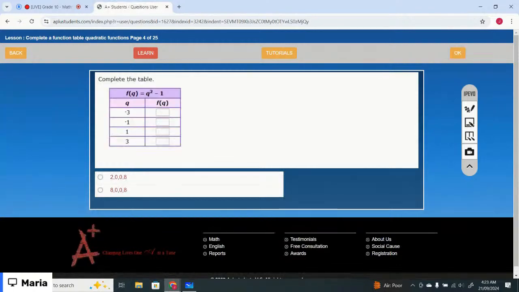Complete the table. f of q equals q squared minus 1. So which is the correct option?